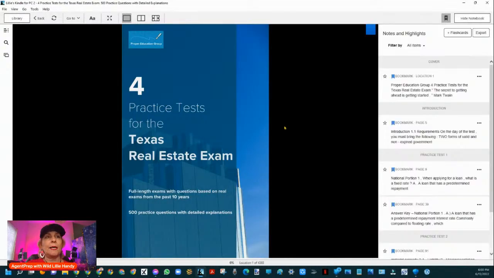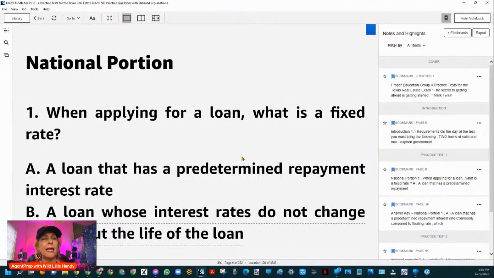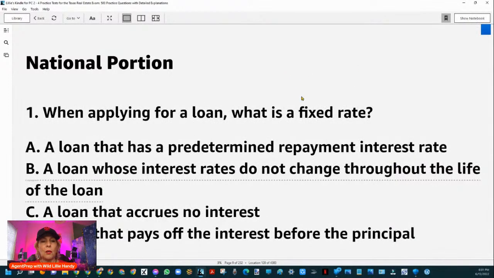It has 4 tests and 500 practice questions in the 4 tests for national, which applies to all 50 states, and also for Texas state. I've been researching books for other states, but right now, this is what I've got, national and Texas state. Okay, so let's get going here.